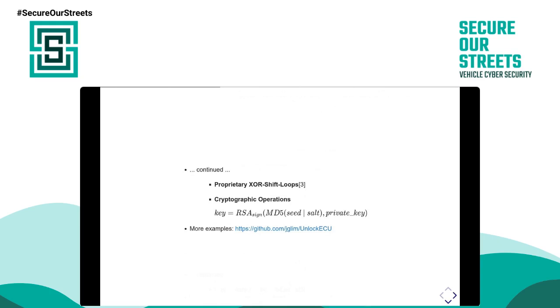Or we have proprietary XOR shift loops, which are sometimes implemented, where we have some kind of secret machine that creates a key out of a seed. And we can have real cryptographic operations in some very modern ECUs where we have, for example, RSA signatures. So these are the four categories of security access I wanted to mention here to give you an overview.